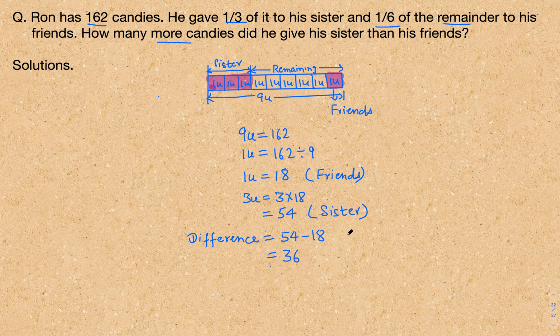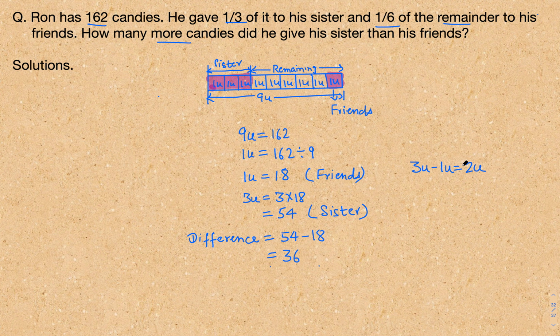Some of you might want to do it in slightly another way. See, his sister has 3 units. His friends have 1 unit. So the difference in terms of units is how much? 3 units minus 1 unit is 2 units.